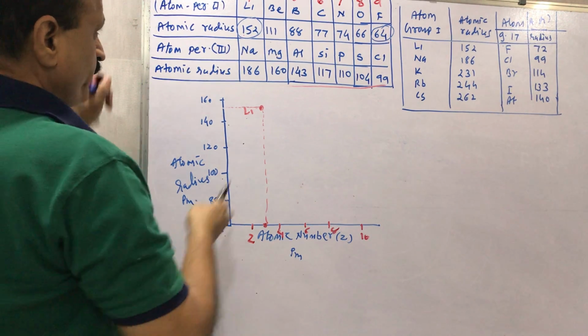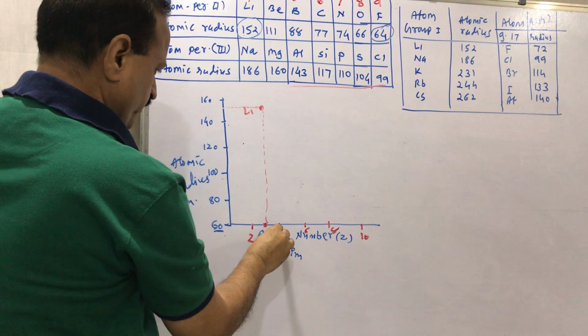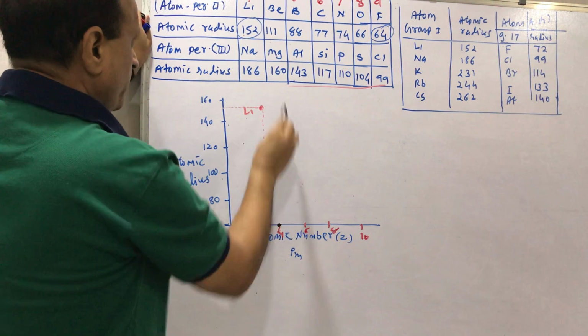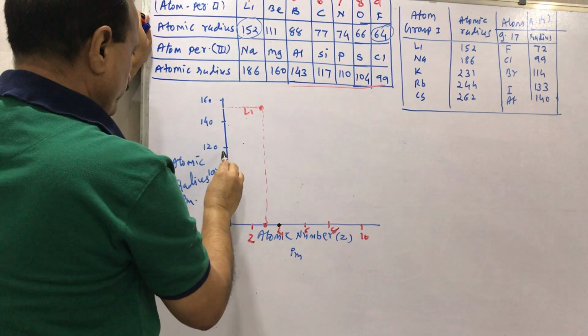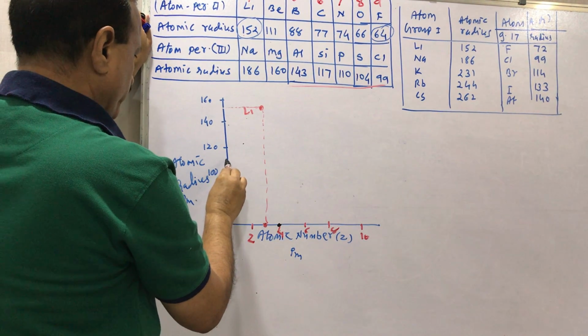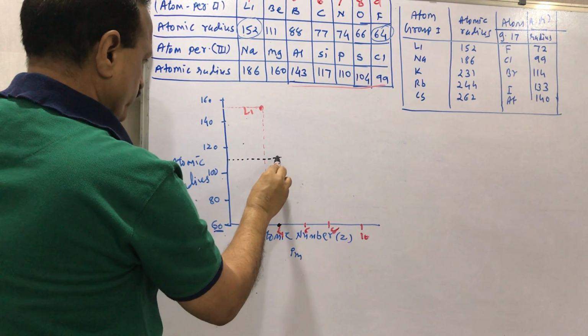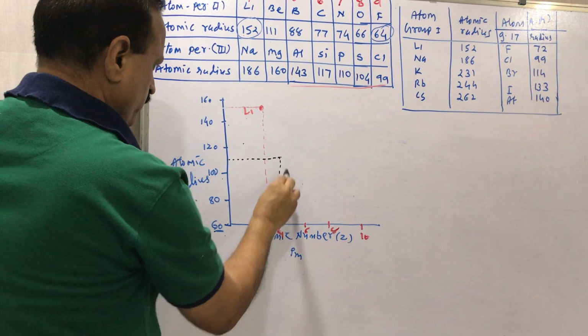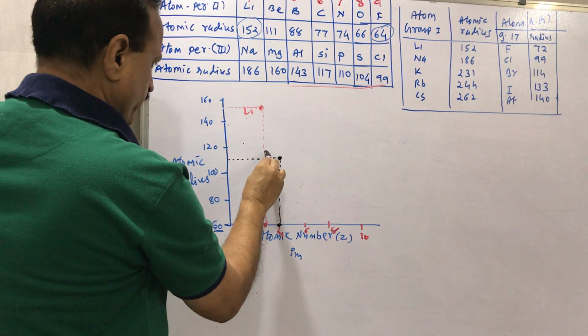Then beryllium, atomic number 4 is here, and radius is 111, so it is between 120 and 100, so it is 111. This point is for beryllium.